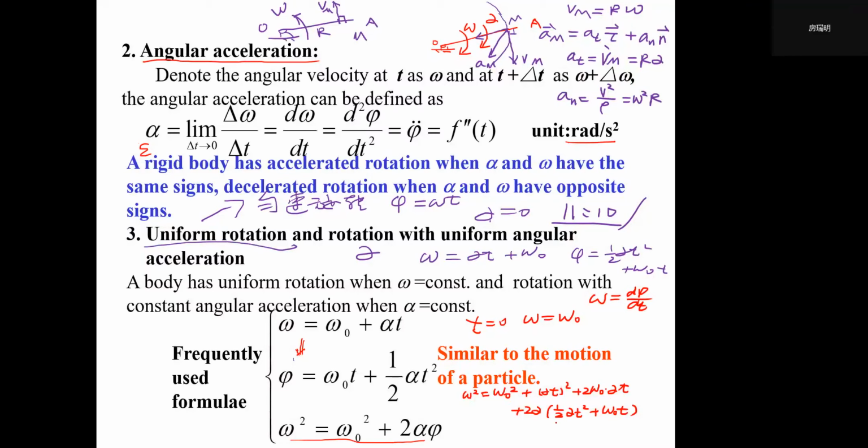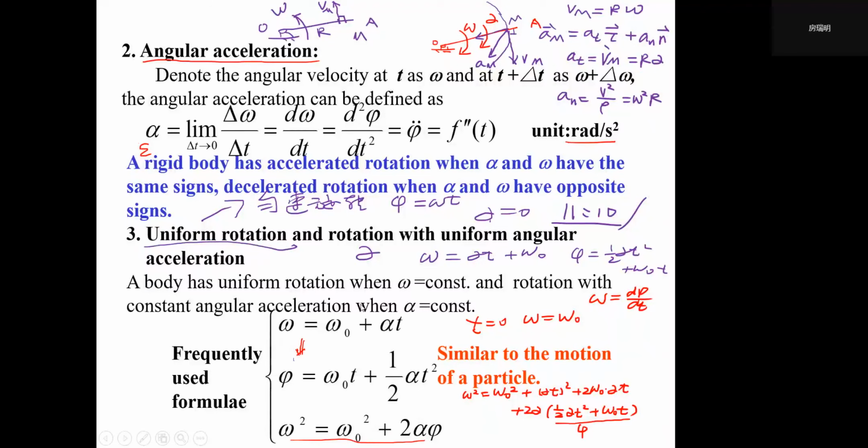Very interestingly, you find that this part is phi, right? That's why we have this expression: omega squared equals omega 0 squared plus 2 alpha phi, where alpha is angular acceleration. Maybe when we do some examples, we will use one of them, right?